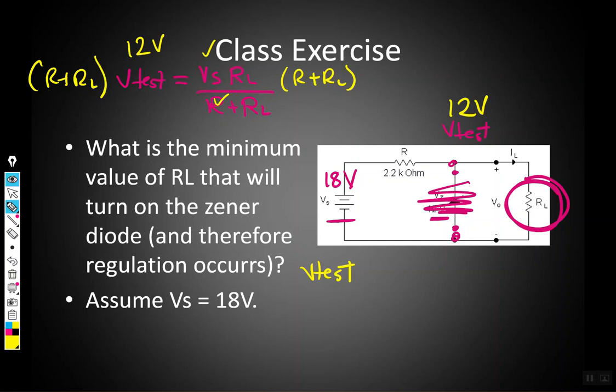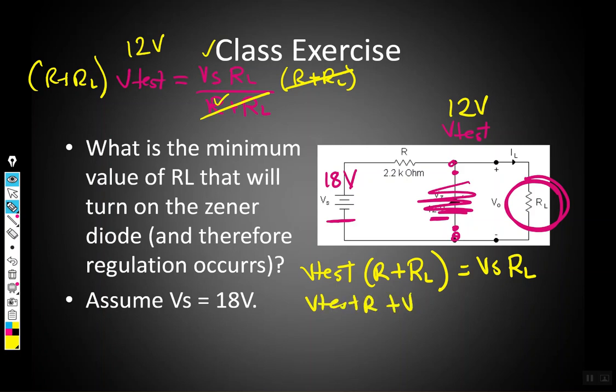Because remember, if you do the same thing to both sides of an equation, it remains unchanged, but then on this side those two will cancel out. So I'll end up with V test times R plus RL equals VSRL. I'm going to multiply through the bracket, so V test times R plus V test times RL equals VSRL.